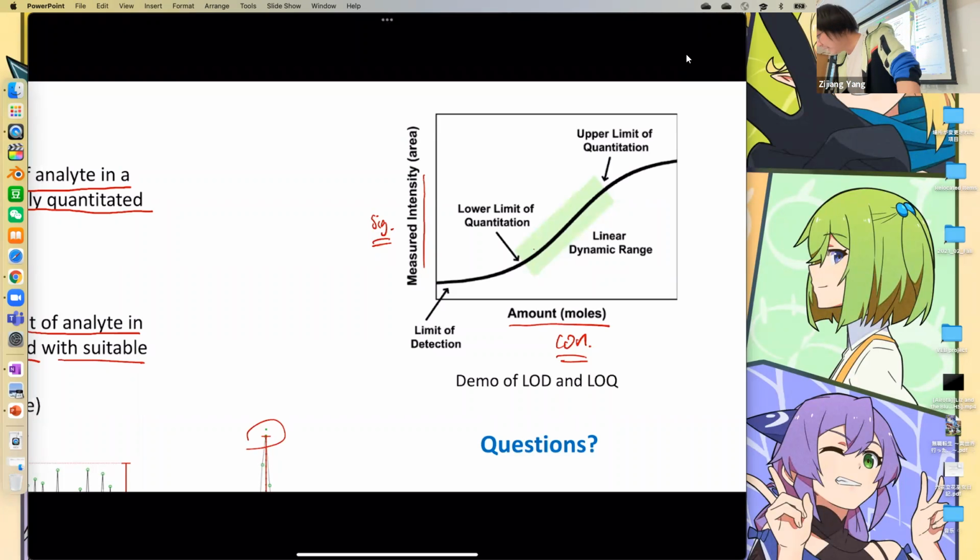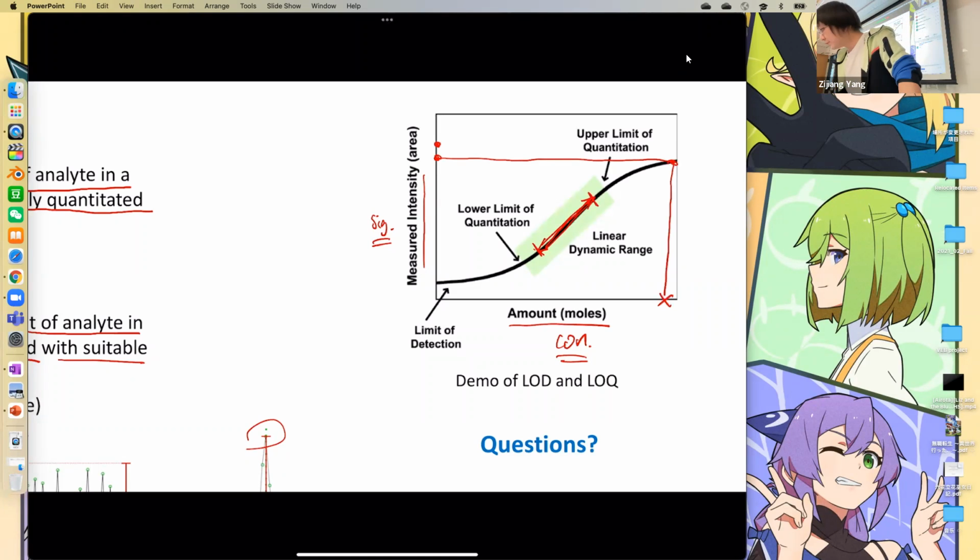So we usually construct the calibration curve in this range, and in this range, we can consider it as a linear relation. Suppose we have the signal here or here, and if it goes to here, the concentration will be like this.